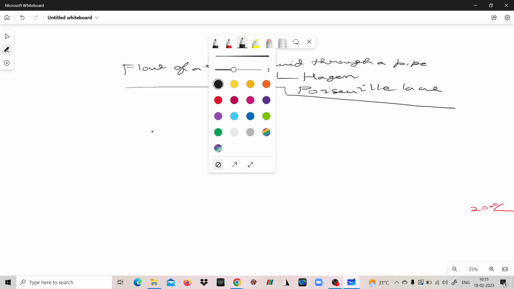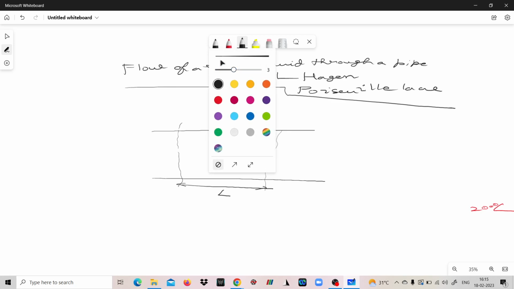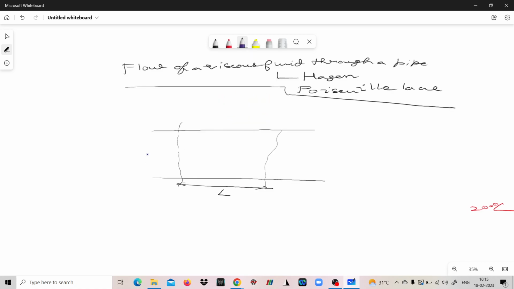So let us consider the flow through a pipe, flow of a viscous fluid. Say this is the pipe, and we have considered a particular section of the pipe whose length is L. This is the center line of the pipe.